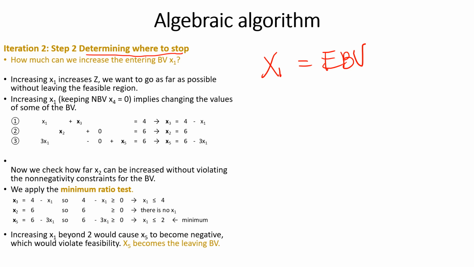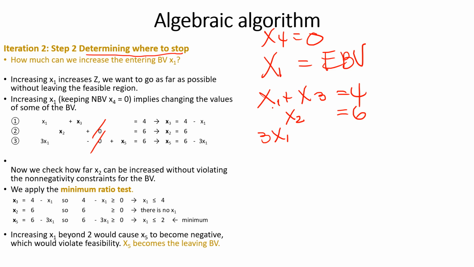We also know that x4 is equal to 0, so the x4s become 0, and in our new formulas we have x1 plus x3 equal 4, then x2 equals 6, and 3x1 plus x5 equal 6.